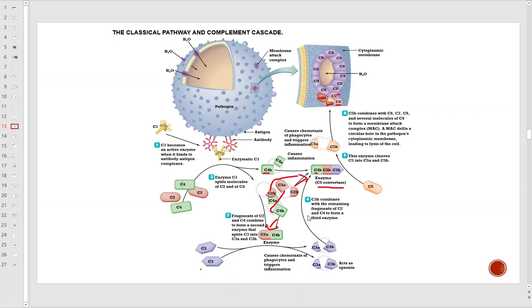C3B is going to join with C4B and C2B to become the C5 convertase. C5 is going to split into an A and a B part, and C5B is going to be the part that helps to activate the membrane attack complex, the MAC, and that's going to punch the holes in the plasma membrane and the cell wall and cause these guys to lyse.